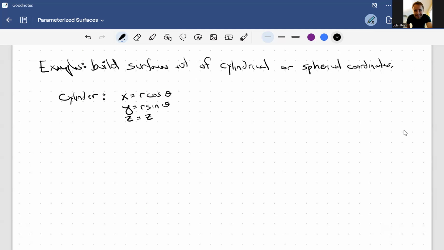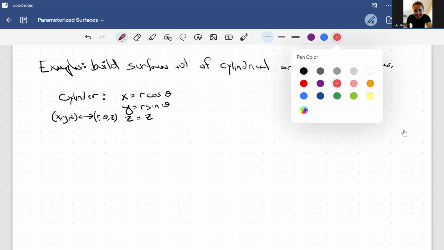So if you remember our cylindrical coordinate systems for x, y, and z, we had x was r cos theta, y was r sine theta, and z was just equal to z. So when we're talking about coordinate systems, this was sending our Cartesian coordinates x, y, z to our cylindrical coordinates r, theta, and z.